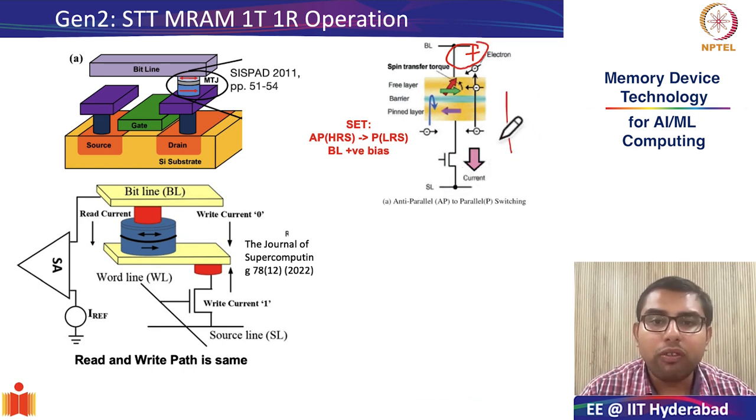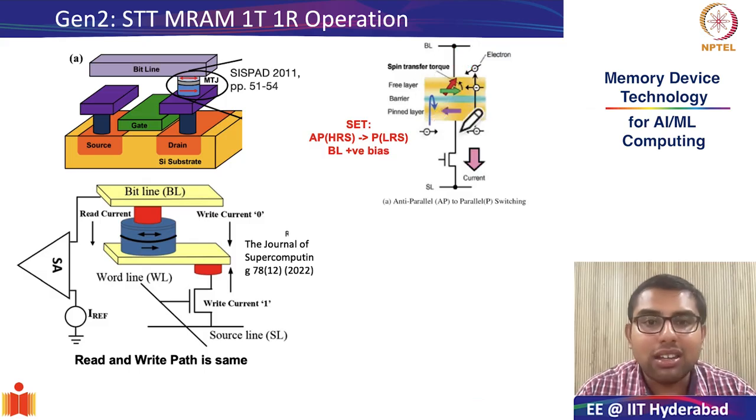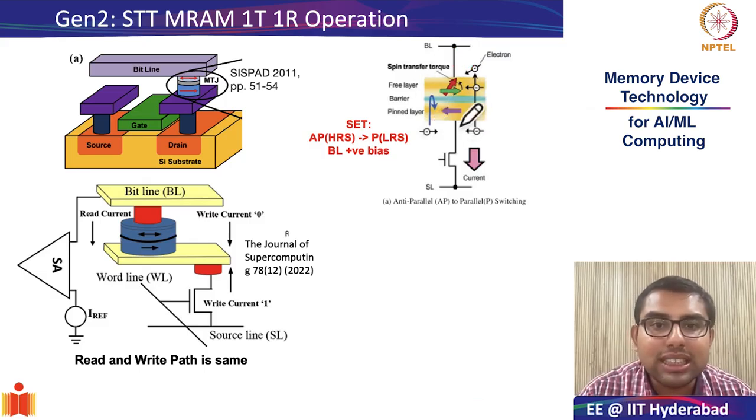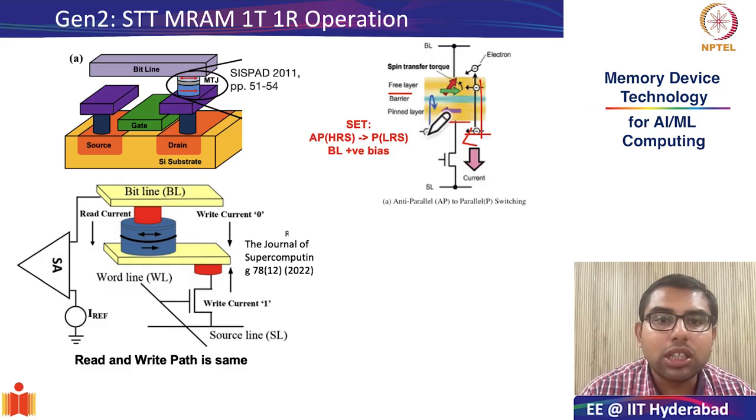Therefore, current flows from the free layer to the pinned layer, and the electrons, which have the same polarization as your pinned layer, are easily transmitted, therefore flipping the direction of the magnetization of the free layer, whereas those having opposite polarization as compared to the pinned layer are getting reflected away.